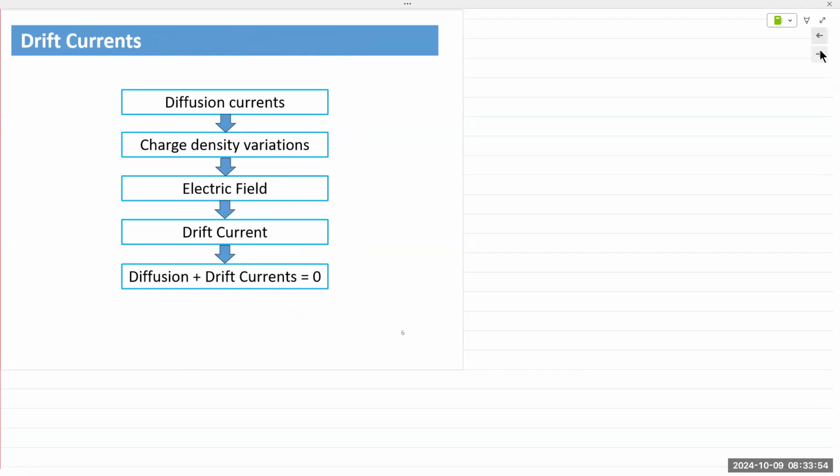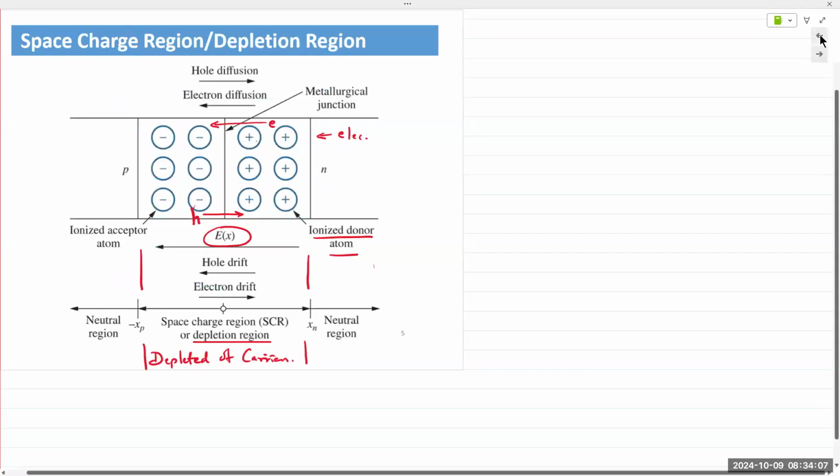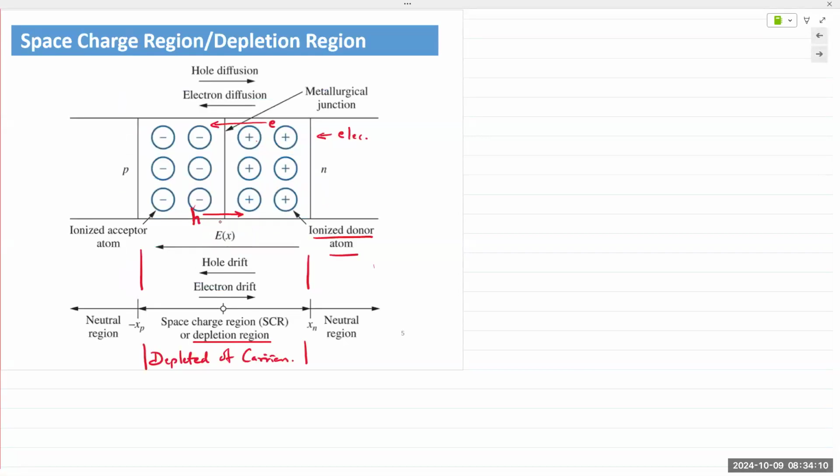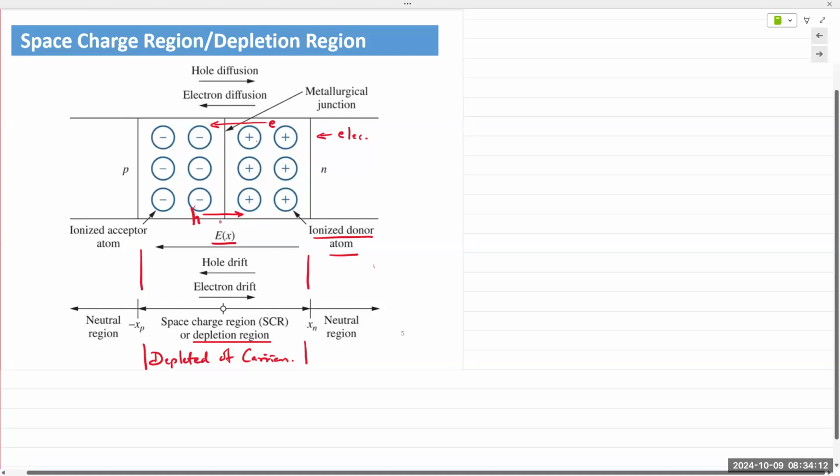Electrons and holes are going through, and there are variations in the charge density. That gives rise to an electric field, and that is noted by this E of x right here.